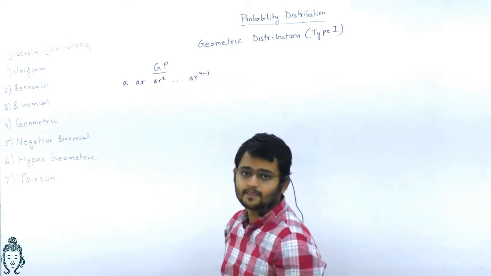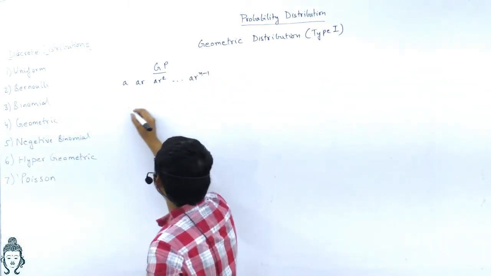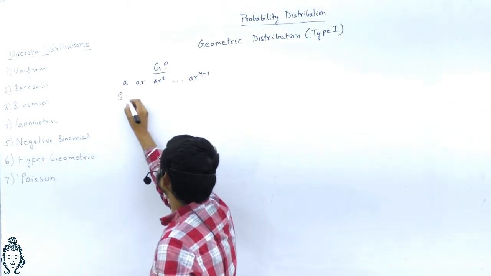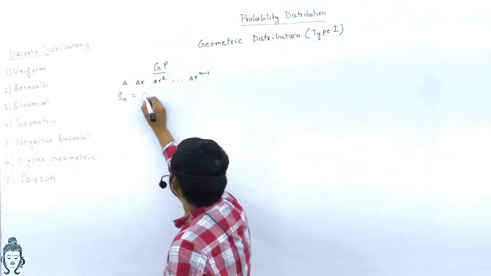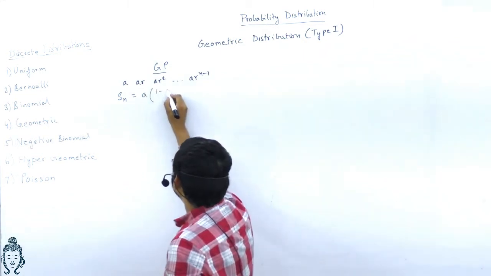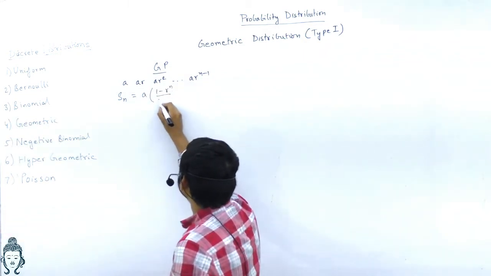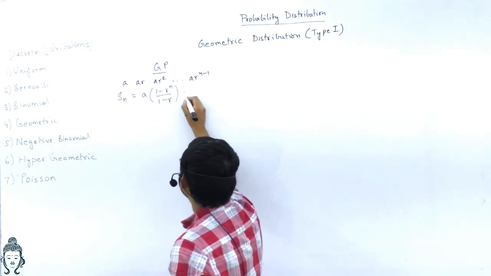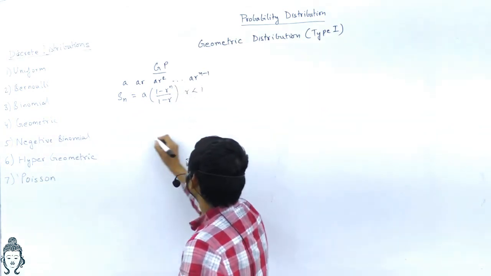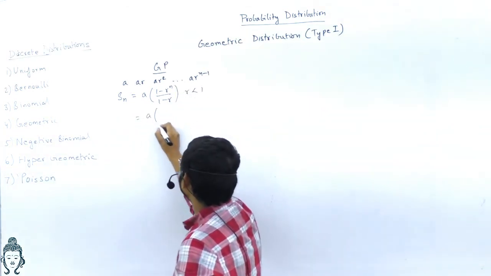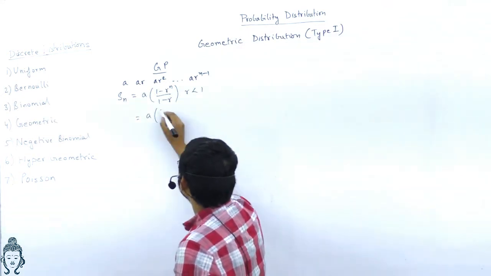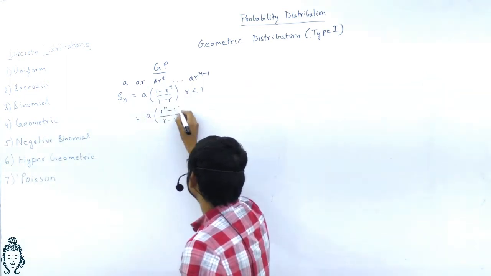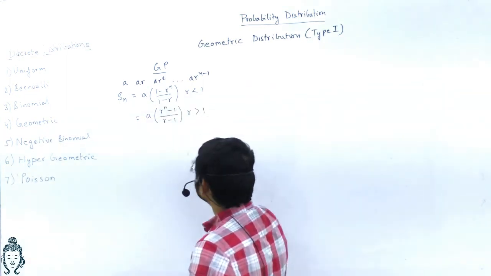The sum of n terms of a geometric progression, Sn, is equal to a into 1 minus r raised to n upon 1 minus r for r less than 1, and we have a into r raised to n minus 1 upon r minus 1 for r greater than 1.